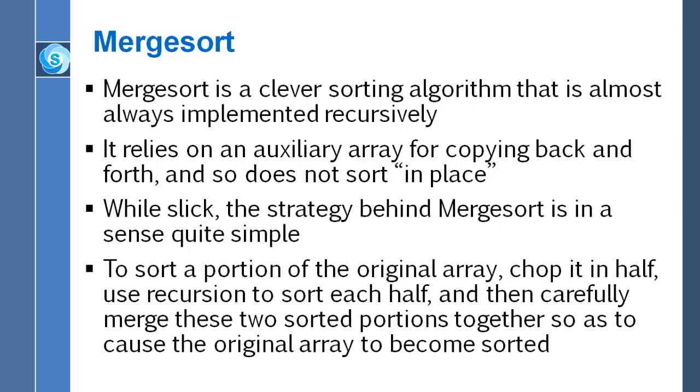Basically, it comes down to this idea. You want to sort an array. So what you do is you at least conceptually chop the array into two halves, the first half and the second half. Okay? Now, suppose you can sort each of the halves. You will wind up doing that recursively. So we'll recursively sort the first half and recursively sort the second half.